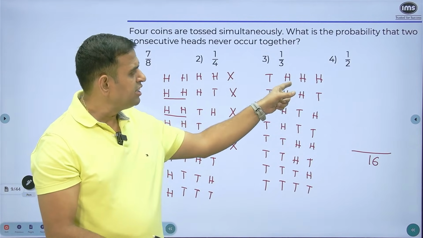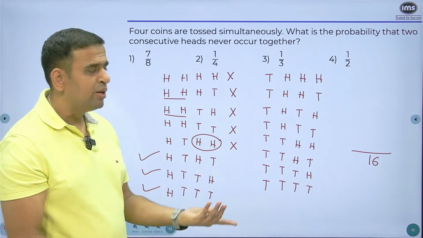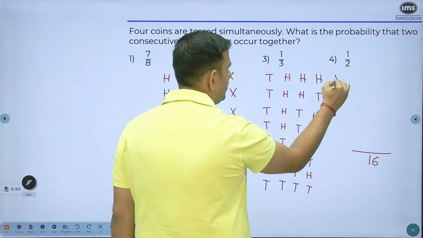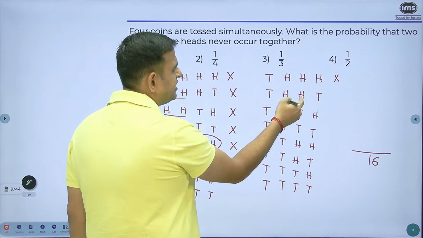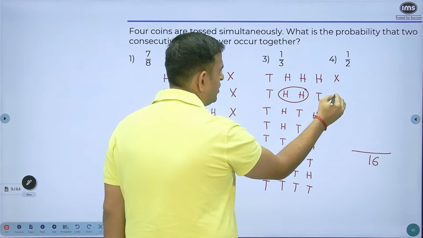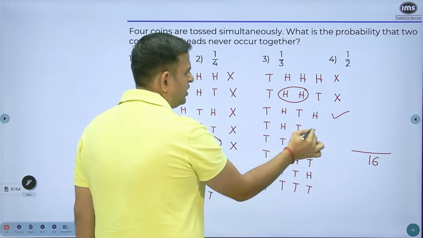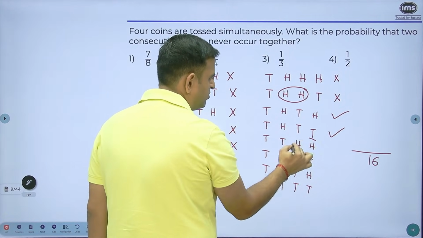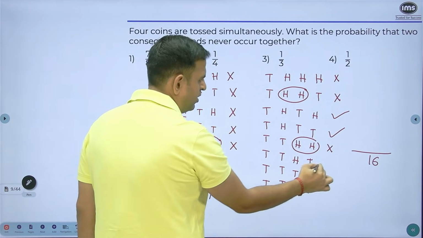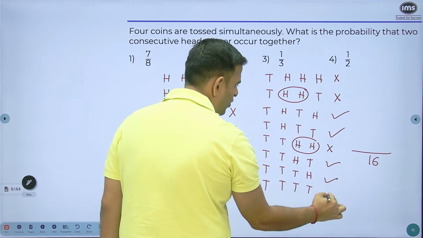Over here, this HHH won't work because two of them are coming together. Ruled out. THHT, the two H are coming together. Ruled out. THTH will work. The next one again will work. This won't work. This will work, and this is also going to work.